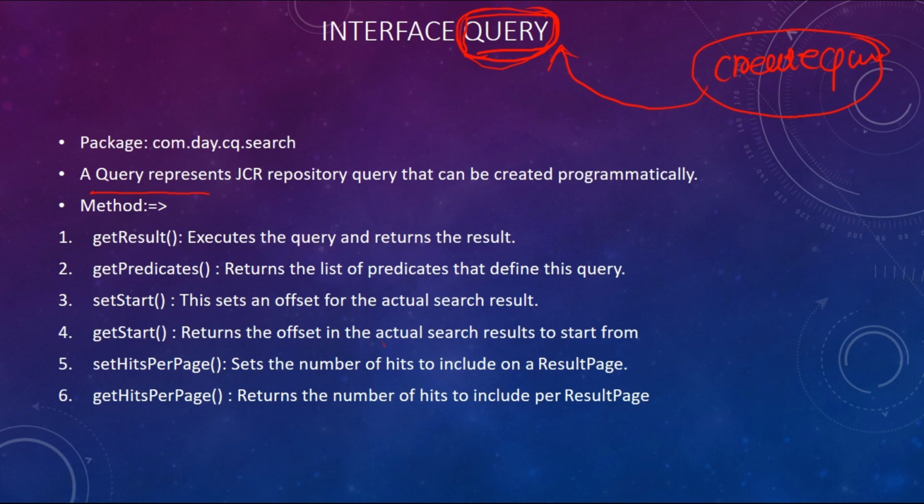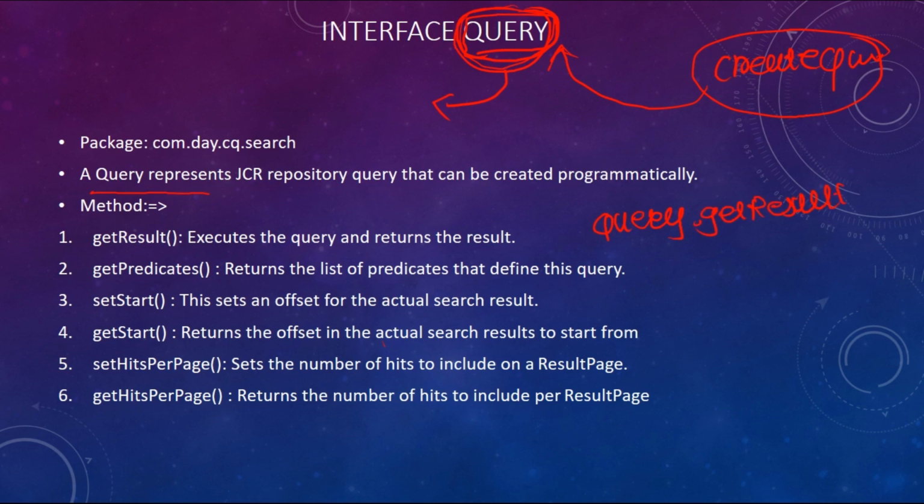It has some methods by which we can easily execute our query and get the result. For example, if I just want to execute the query, the Query interface is there, and I call getResult.